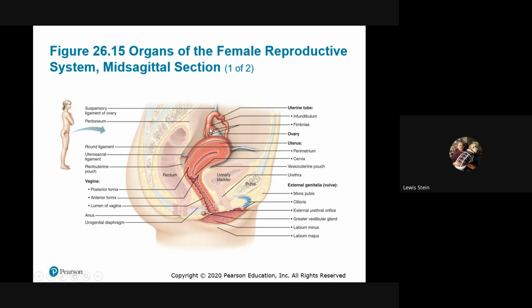It doesn't appear to be an opening, but as the egg is extruded at ovulation, it's temporarily in the abdominal pelvic cavity, and that's where there is a small but distinct percentage of occasional ectopic pregnancies, even though the classic ectopics are within the tubes. So that's the first anatomical difference. As that egg is ovulated, it's temporarily in the cavity. It's a tiny distance, but it's a distance where it's exposed.